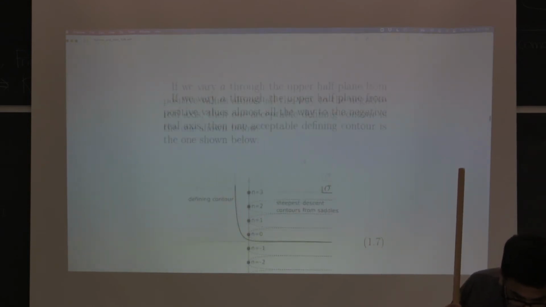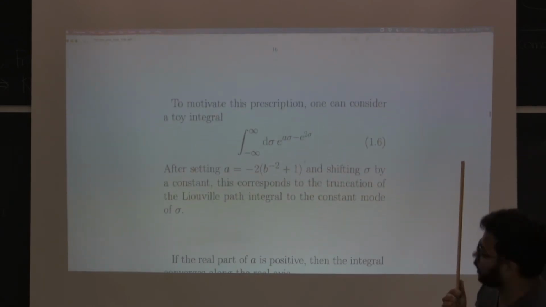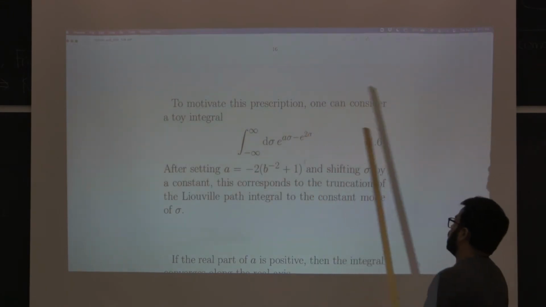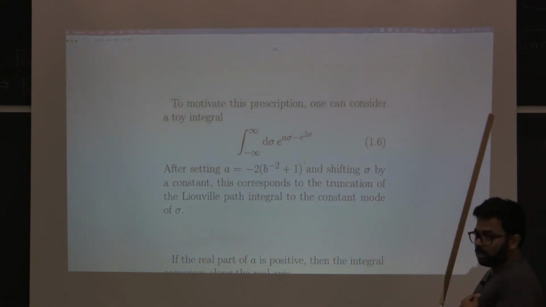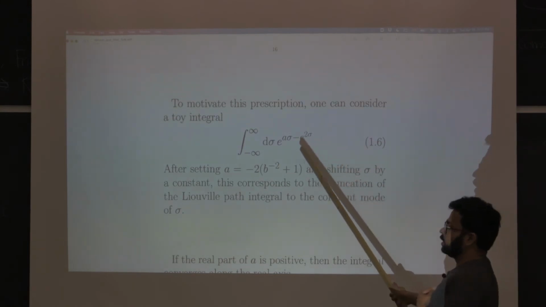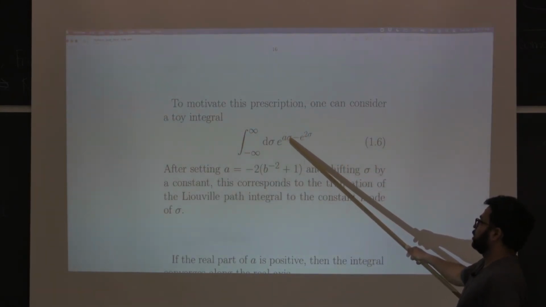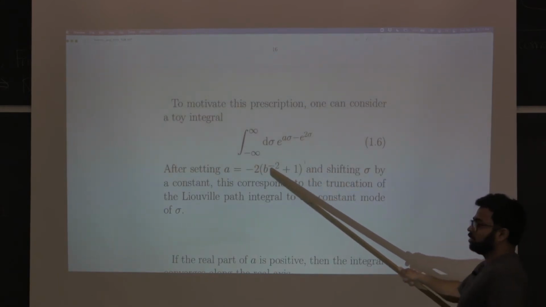I have maybe one comment. If you stare at this integral and substitute e to the sigma as t, this is nothing but the gamma function integral. You get t to the a, and a is large and negative.